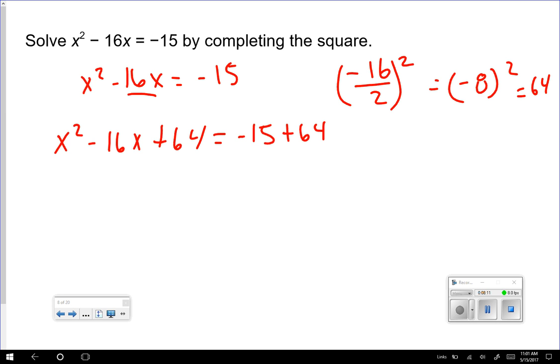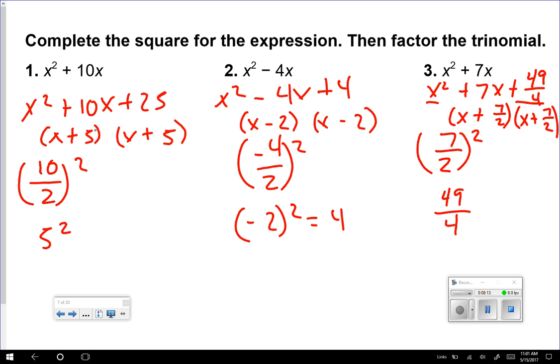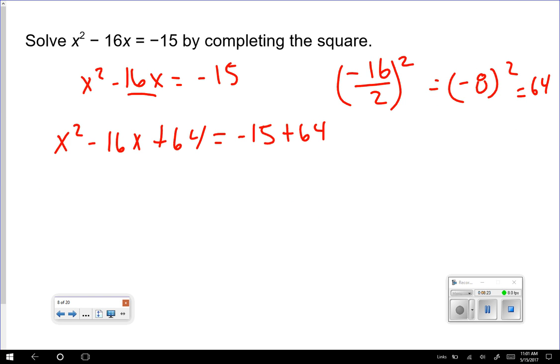So now what we want to do is factor this, and these factors should be really easy. If you notice the pattern over here, every single time, we got whatever my completing the square was, squared. So you can still factor, you'll get to the same point, but essentially what we'll get is x minus, a factor of 64 that would add up to 16.